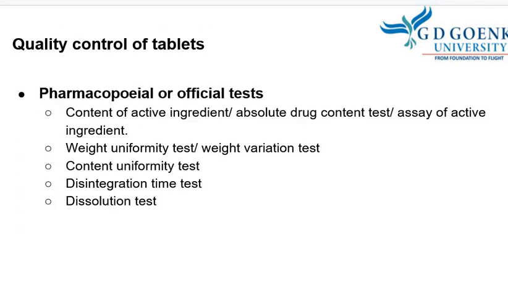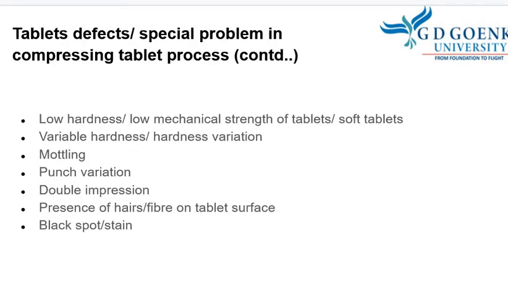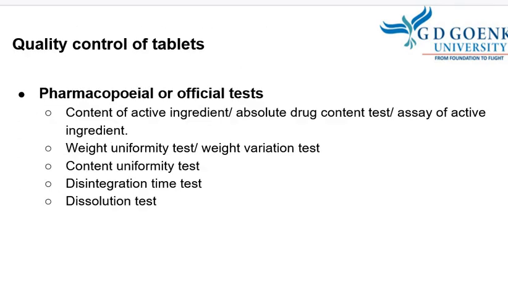So now, upon studying the various tablet defects that could arise during the manufacturing process and how to mitigate them, let us see the quality control of tablets. The minimum pharmacopoeial testing that needs to be done for the tablets are content uniformity, weight uniformity, disintegration time test, and dissolution test.